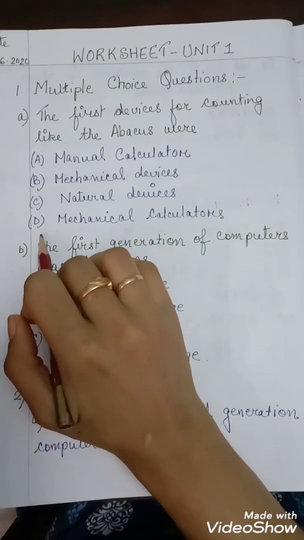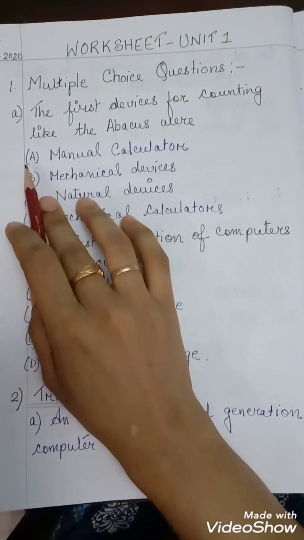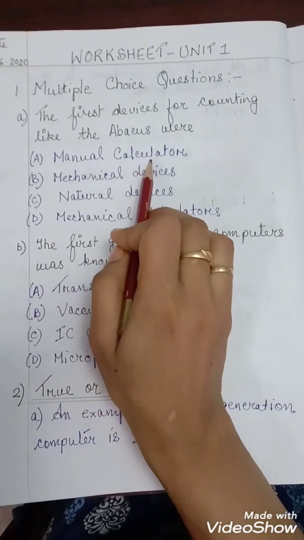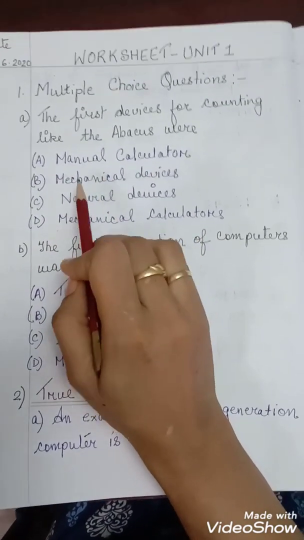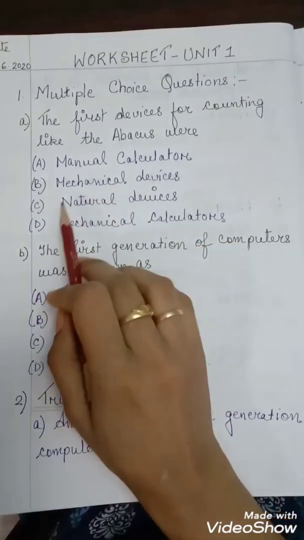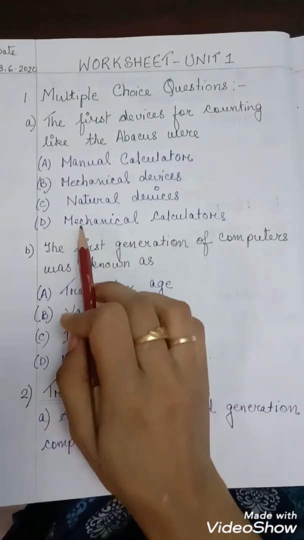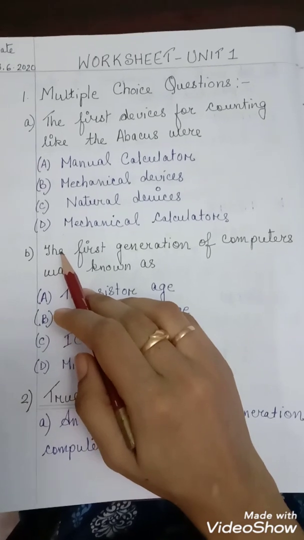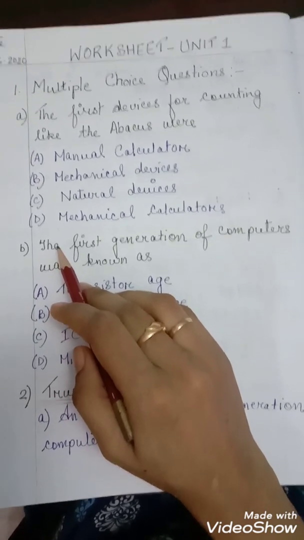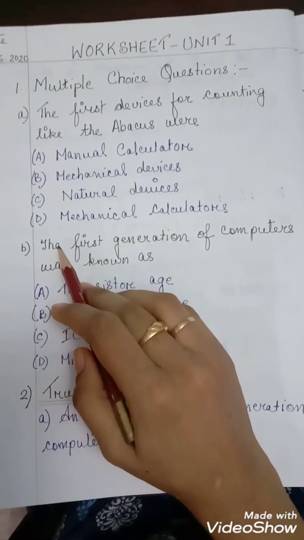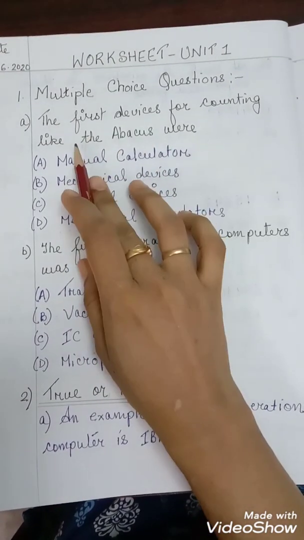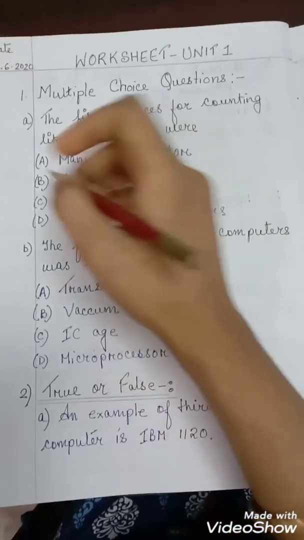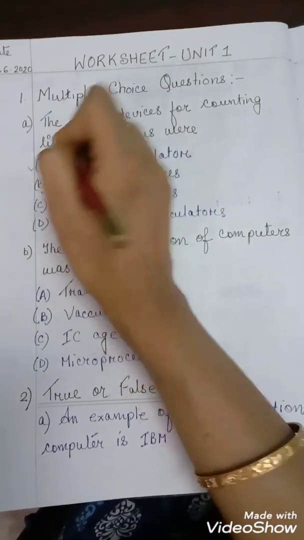Four options are there: manual calculator, mechanical devices, natural devices, mechanical calculators. Which option is the correct one? The first devices for counting like the abacus were manual calculators. So the correct option is number A.